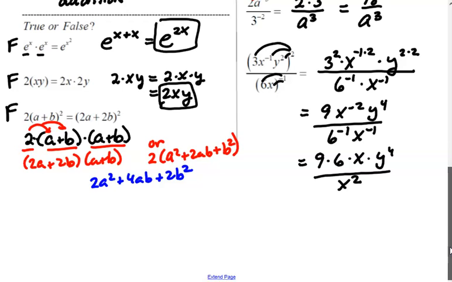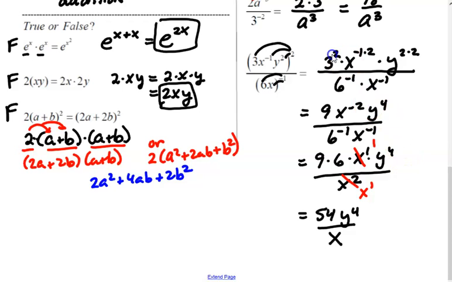And I also have an x to the first in the numerator and an x squared in the denominator. So x squared is x times x, so one of those x's is going to cancel out. So this would just become 1, and this would just become x to the first. And now I have 54 y to the 4th over x as my final answer.